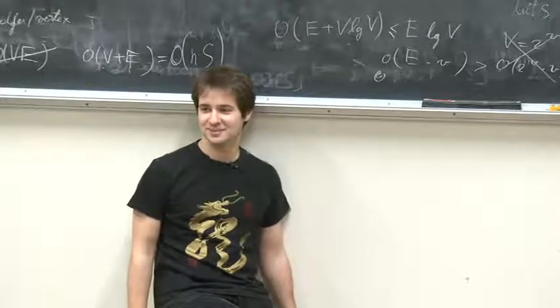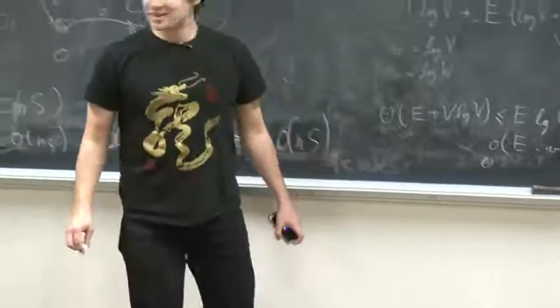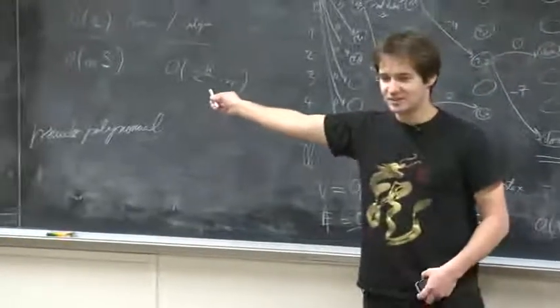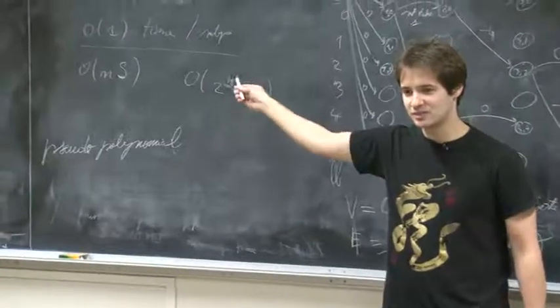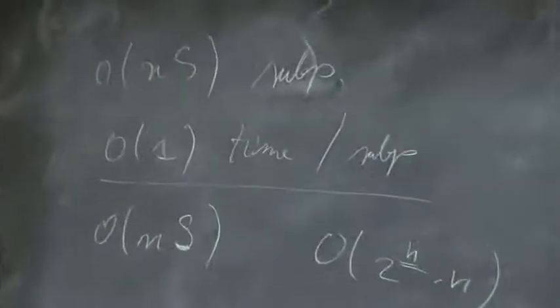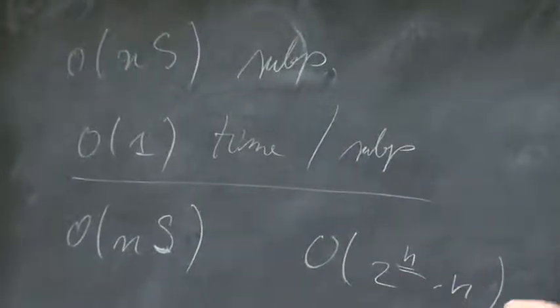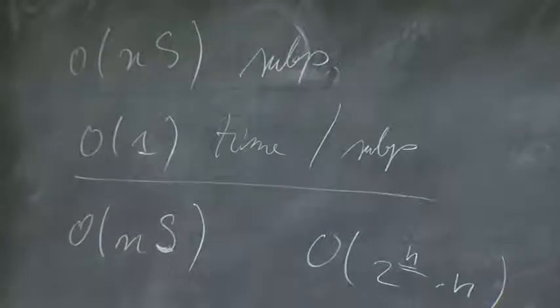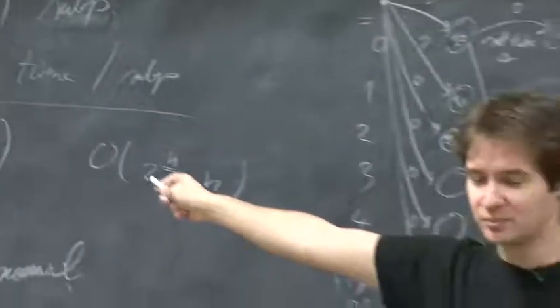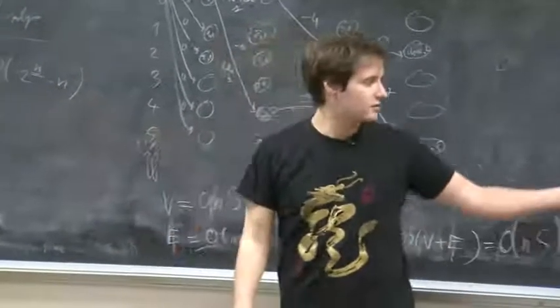In that case, that wasn't what happened. So here, a number in the input, S, which is the size of a weight, showed up in the running time. So the size of the input is okay, but one number in the input showed up. Whereas here, that's not the case.